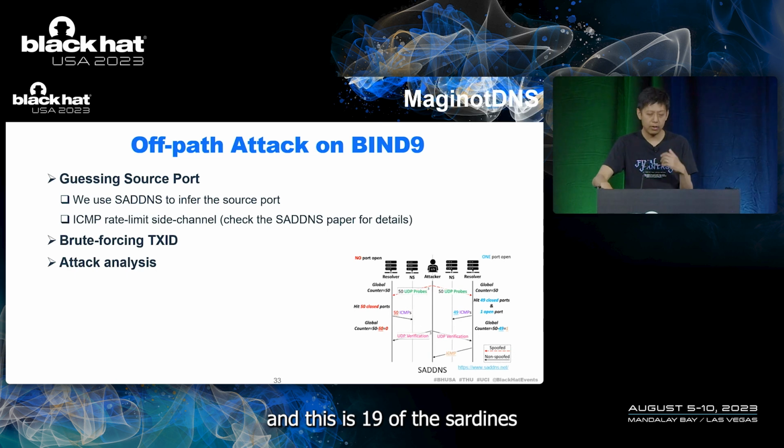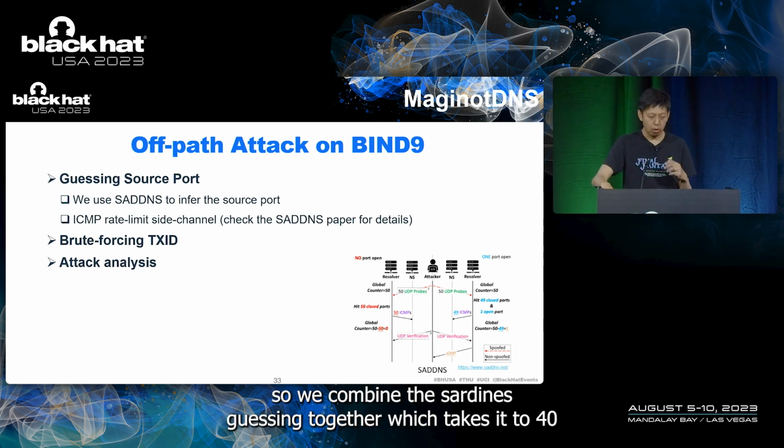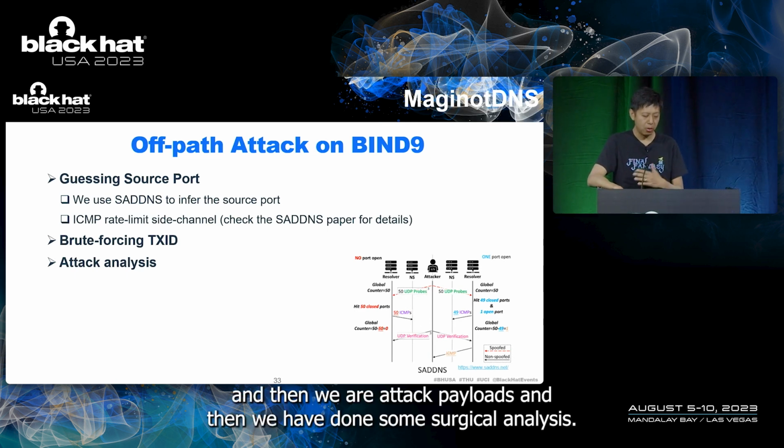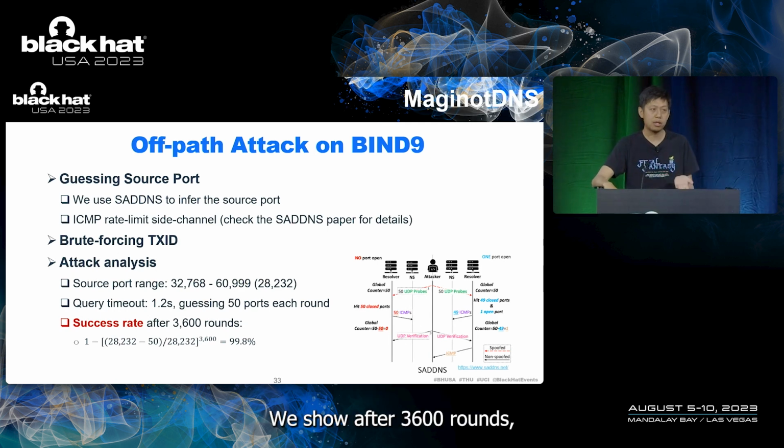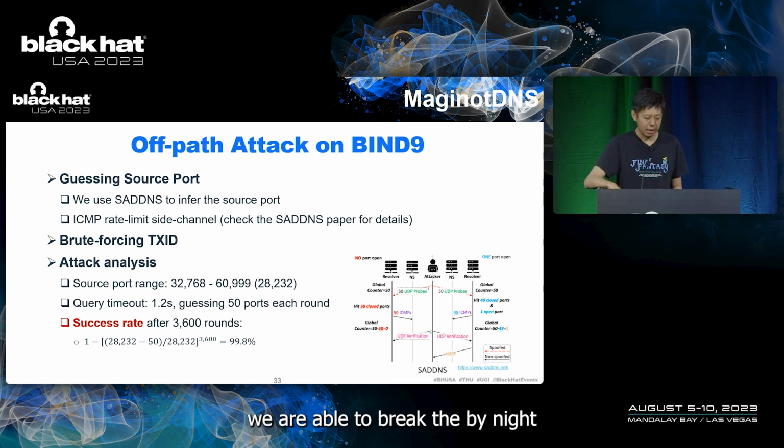This is a nice thing about SADDNS. So we combine the SADDNS guessing with TXID brute forcing and our attack payloads, and we have done some theoretical analysis. We show that after 3,600 rounds, we are able to break BIND with a really high success rate.